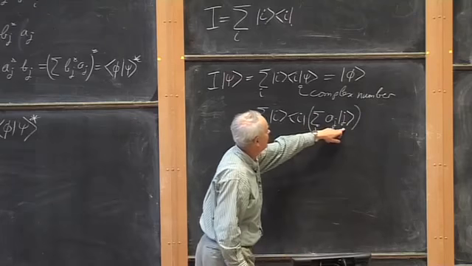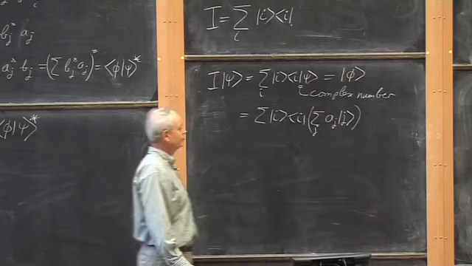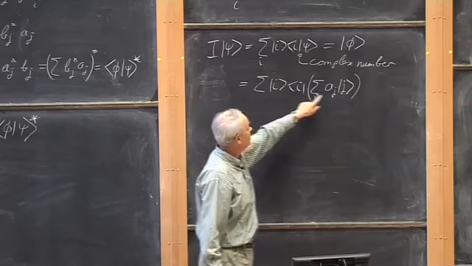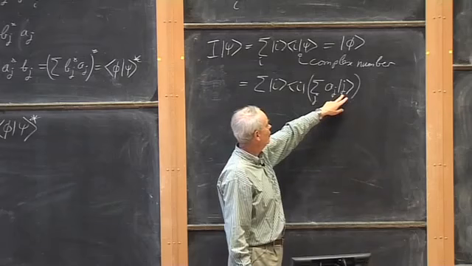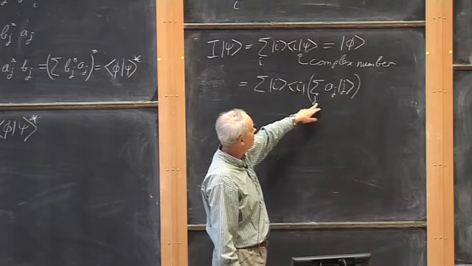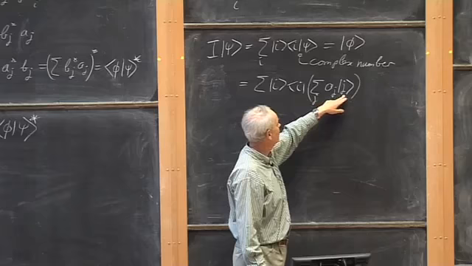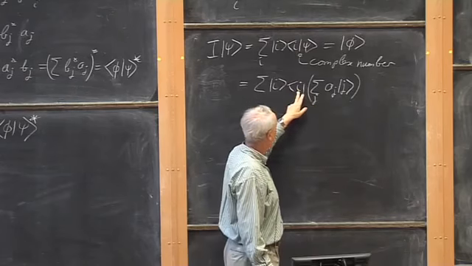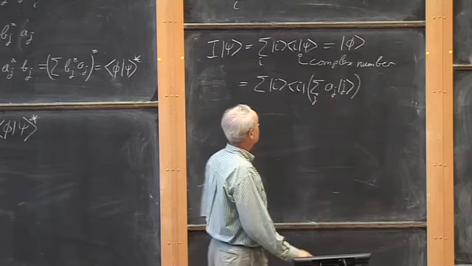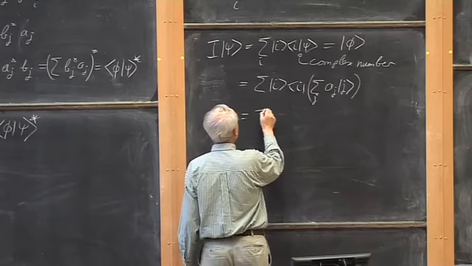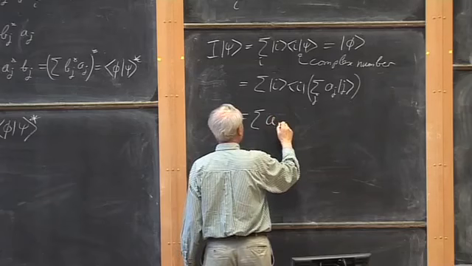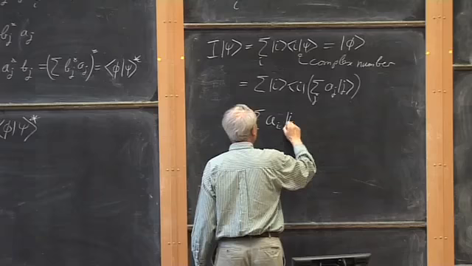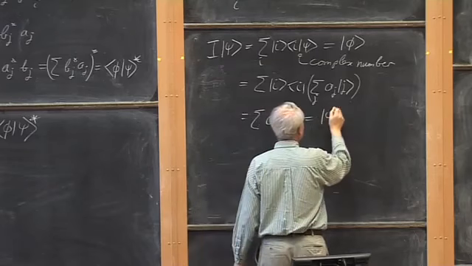So this is another way of writing up psi. We've done it time and time again. Now this <i| is going to meet that |j> and produce a delta ij. When I do this sum over j, every term will vanish except the term where j equals i. And then when j does equal i, we'll have <i|i>, which is 1. So this is equal to the sum i ai |i>, which is psi.